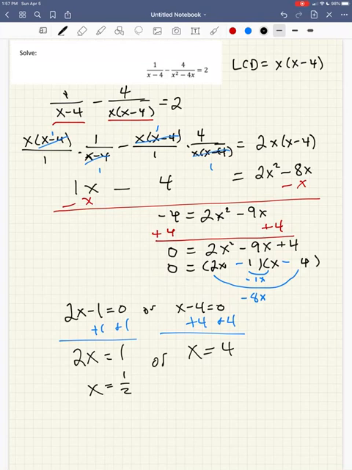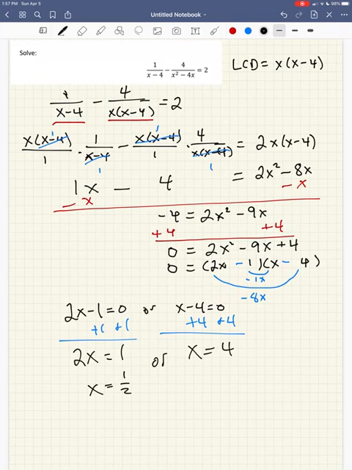Since this was a rational equation, the variable appeared in the bottom, in the denominator of one of my original fractions, I have to make sure that neither of these solutions makes any of my original denominators equal to 0. It's usually easier to look at this in the factored form, so the second line in this problem up above. If I put in a half in the first denominator, I get a half minus 4.